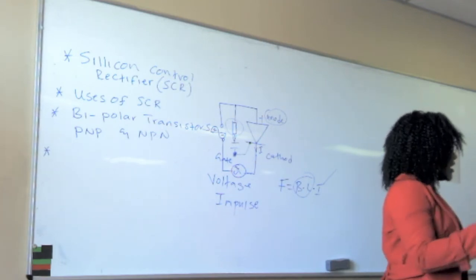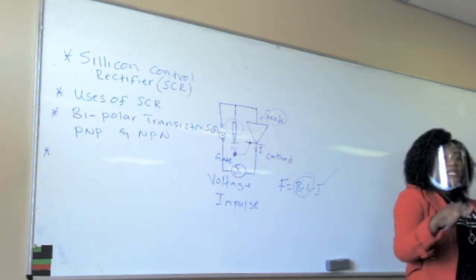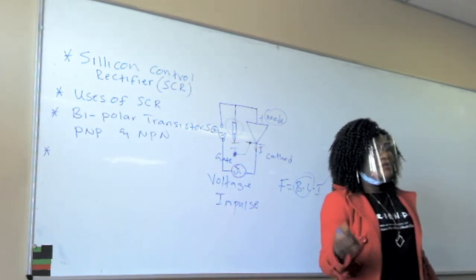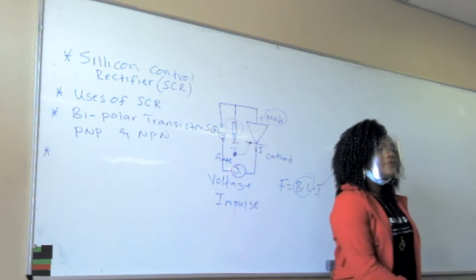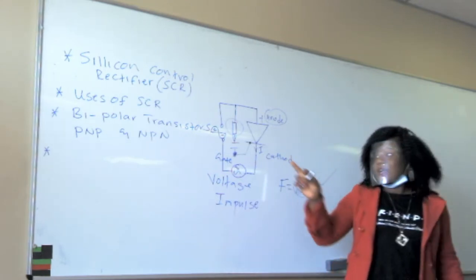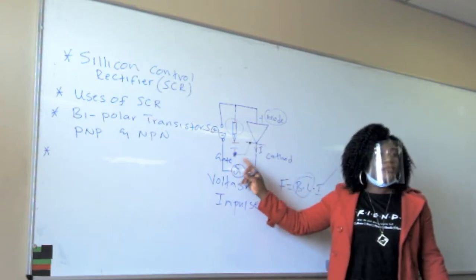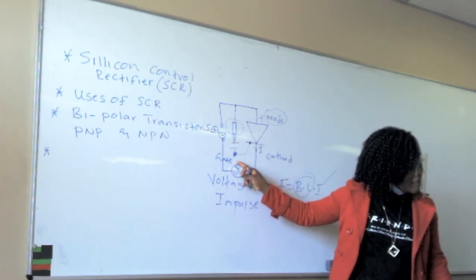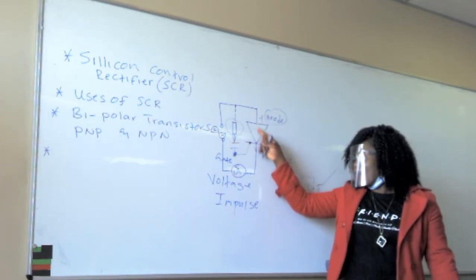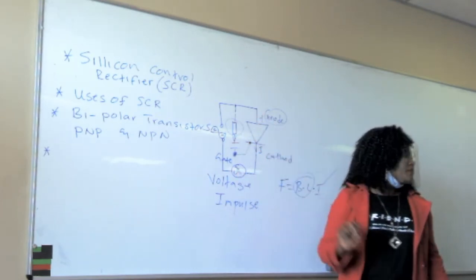If you need more current to the gate, the capacitor will release the charges in the form of current to go to the gate, because current and voltage are directly proportional. So the more current we send to the gate, the more voltage we are sending to the gate, the more this will open, the more current will go to the motor.